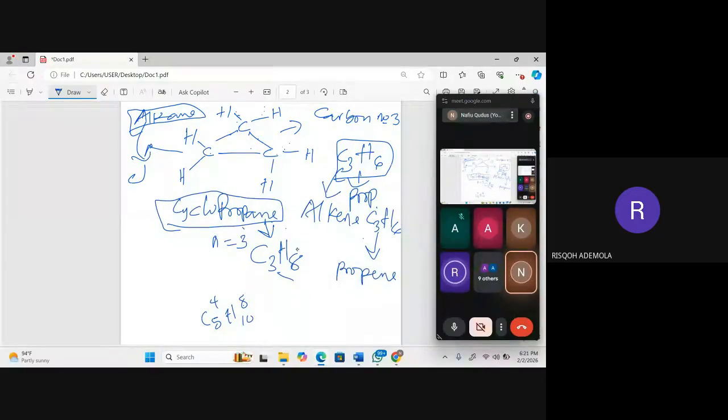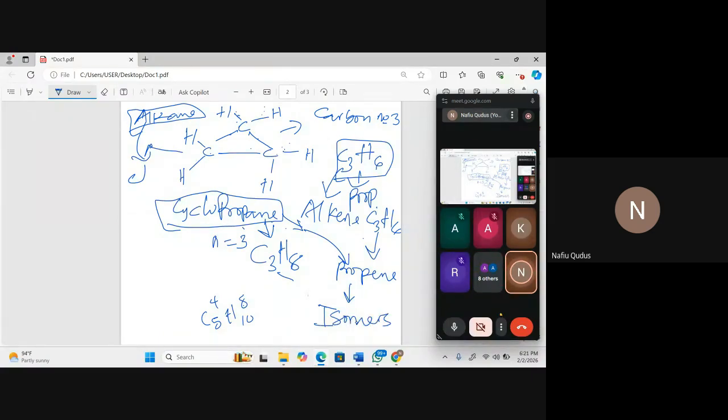So in organic chemistry, cyclopropane and propane have the same carbon atoms and the same hydrogen atoms, right? In such a case, we say cyclopropane and propane are isomers.